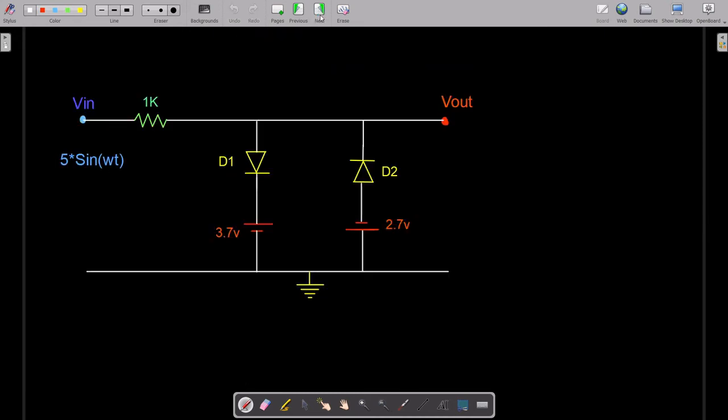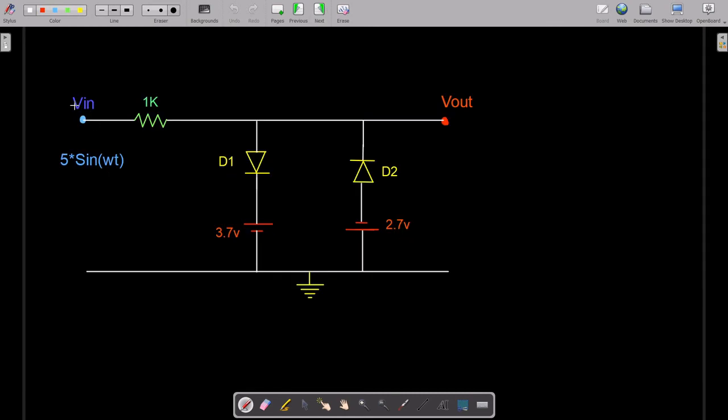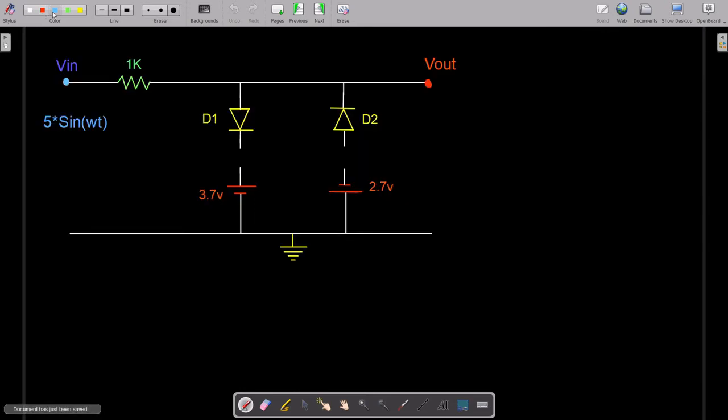So let's move further. All right, so we'll consider this particular waveform, when V in is greater than 3.7 volts, okay. So let's suppose your V in is 4 volts. I will write over here, this is when V in is greater than 3.7 volts.